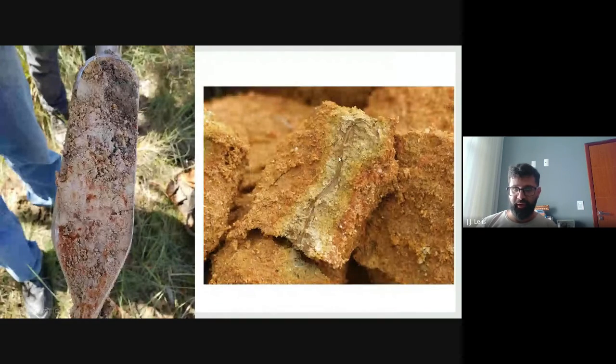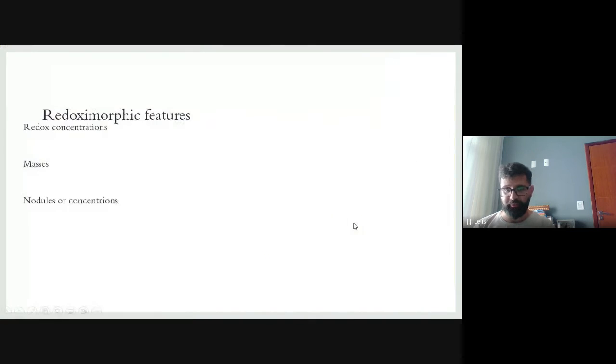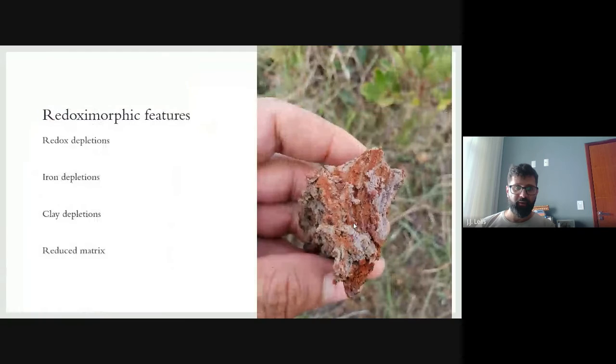We have a gray color or whiter color in comparison to the rest of the soil, comparing to the background, okay? Or like this one, where I have a red material that now presents some voids with this gray color, so they are redox depletions, especially iron depletions.